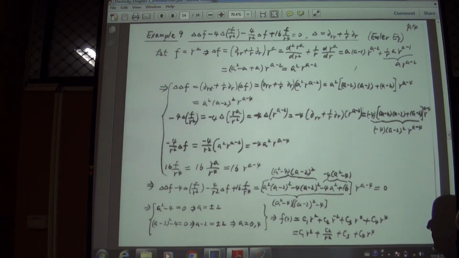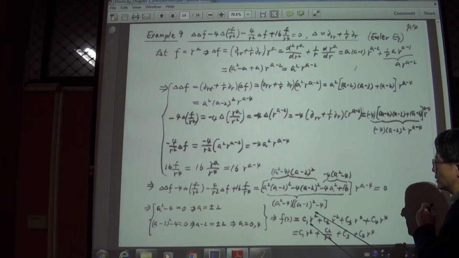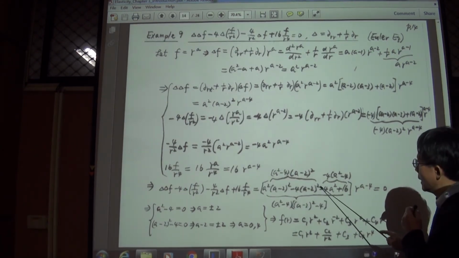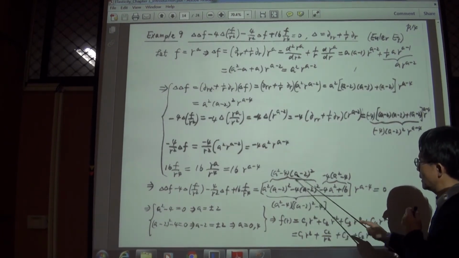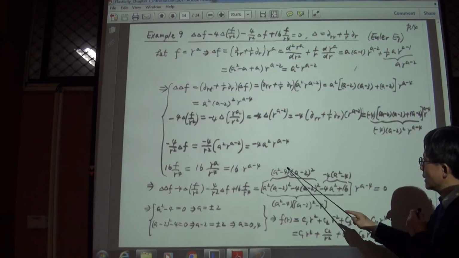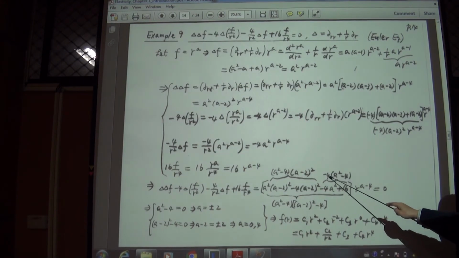And then we do some reorganization of the coefficients. Here, (a minus 2) squared is the common term. We take it out. Okay, this one, take it out. And a squared minus 4 here. And then we have the common coefficient minus 4 here.